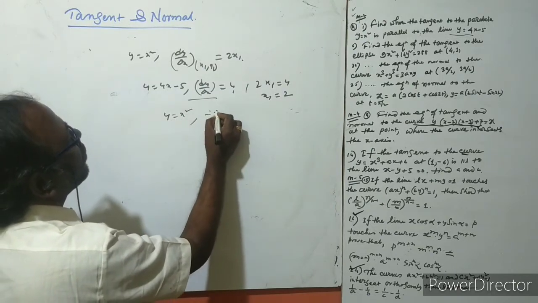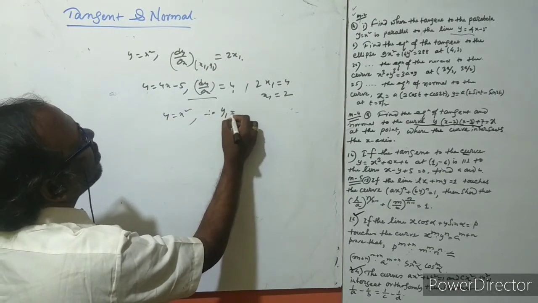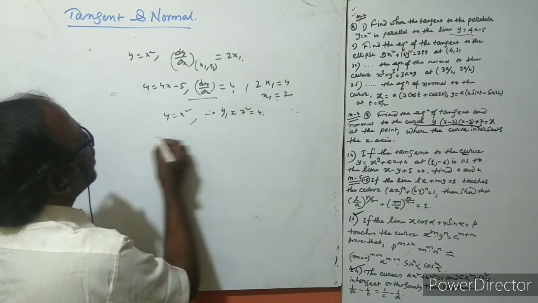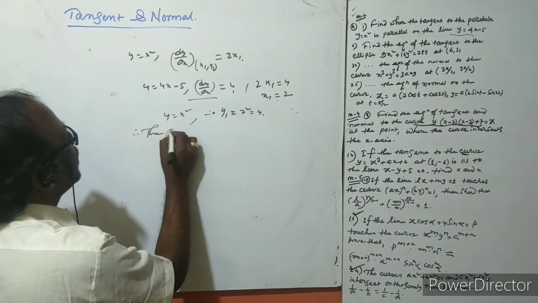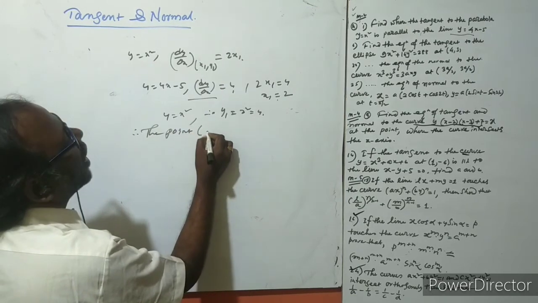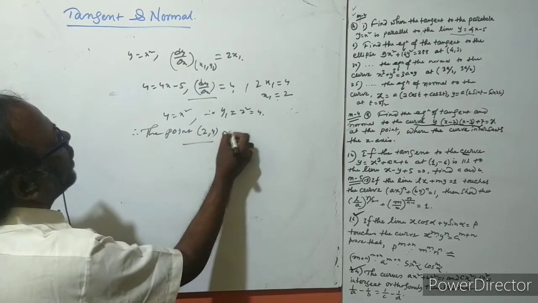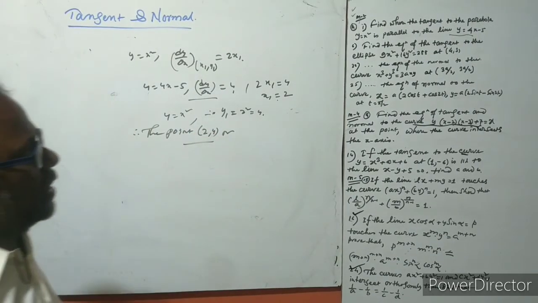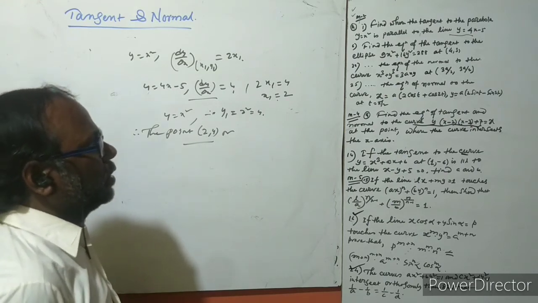Therefore y1 equals 2 squared, which is 4. So the point is (2, 4), and this is the answer where the tangent is parallel to the line y equals 4x minus 5.